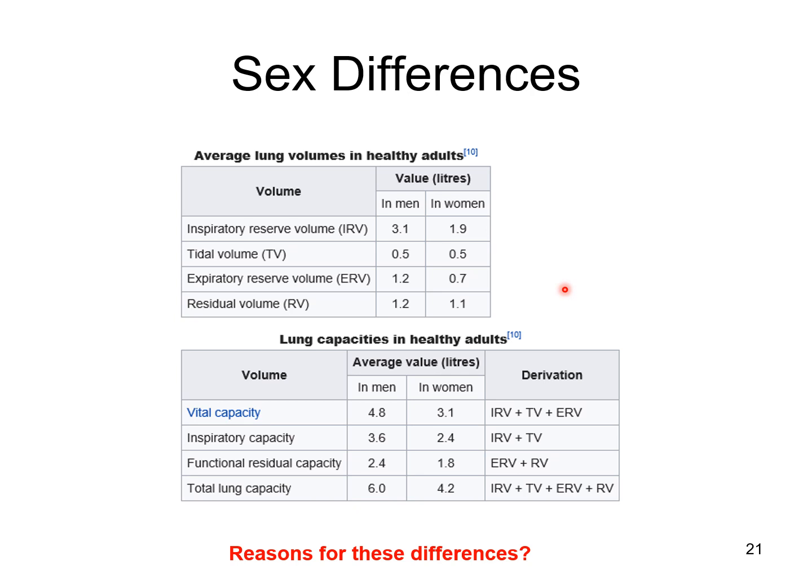Similarly, for lung capacities, there are some notable differences. Again, quite often they're around a litre difference, for vital capacity, typically around 4.5 litres in males compared to 3.1 litres in females. Inspiratory capacity 3.6 versus 2.4, and so on. But total lung capacity is probably the biggest difference, so it's around 6 litres for males and 4.2 litres for females.